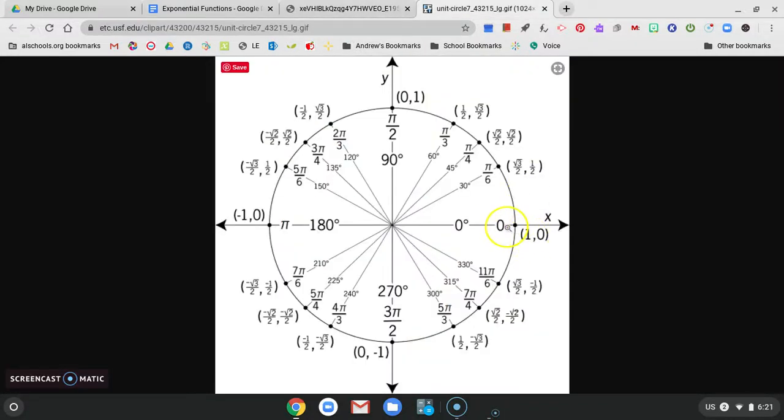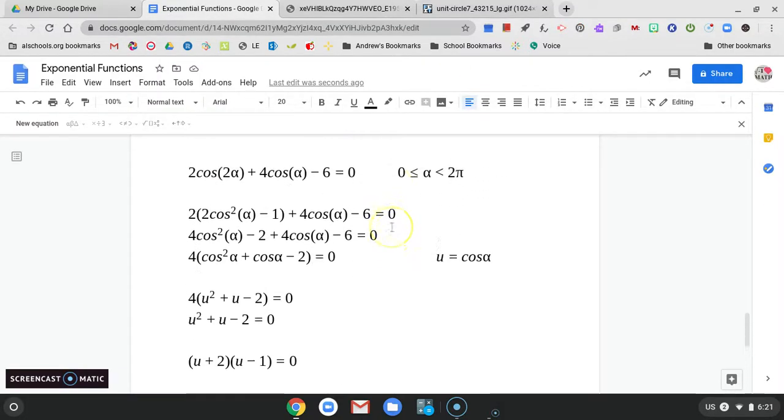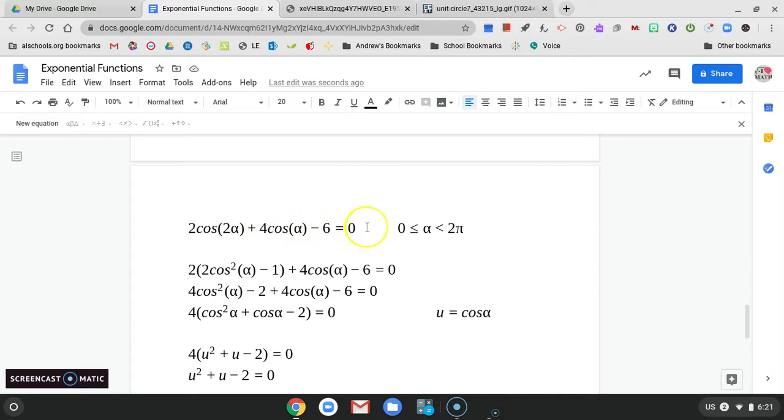Cosine of alpha equals 1 at 0 and at 2 pi and 4 pi and 6 pi and 8 pi. Every 2 pi radians around the circle, we get back to the cosine being 1. However, looking back at the original problem, there was a domain stipulation. The domain said alpha is between 0 and 2 pi, inclusive of 0, but not inclusive of 2 pi.